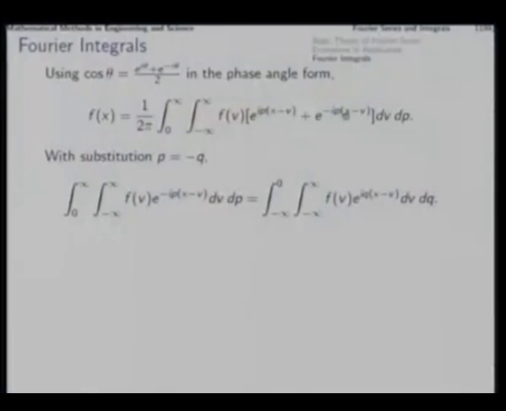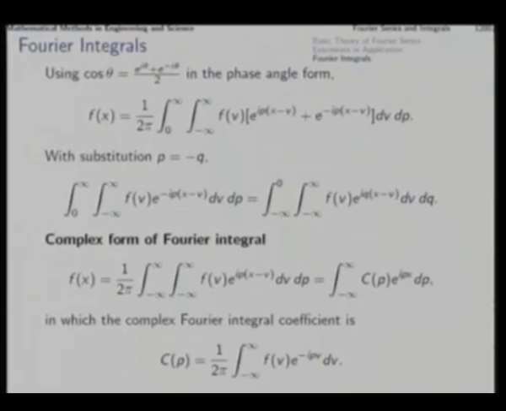That means this integral and this integral together will give the complete integral from minus infinity to plus infinity, and that gives us the complex form of the Fourier integral, in which there is a single exponential function here with f(v), and we have this double integral.